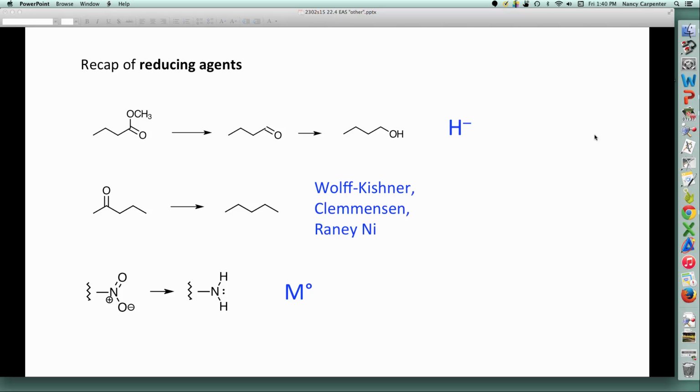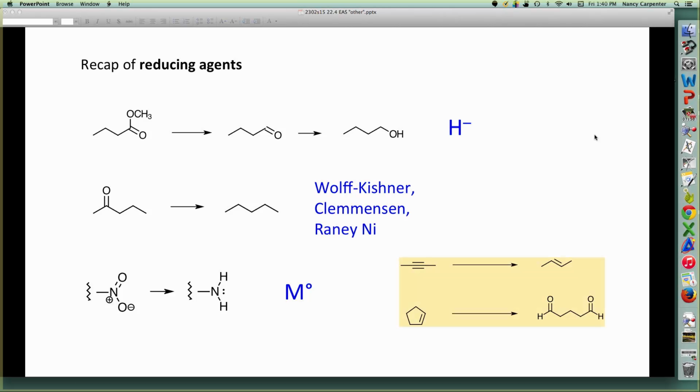Now we will see what we need to reduce a nitro group down to an amino group is a 0 valent metal. And you may think, well, you've not seen that before, but that would be incorrect because you have seen that before. The dissolving metal reduction of alkynes down to E-alkenes uses 0 valent sodium metal in liquid ammonia.